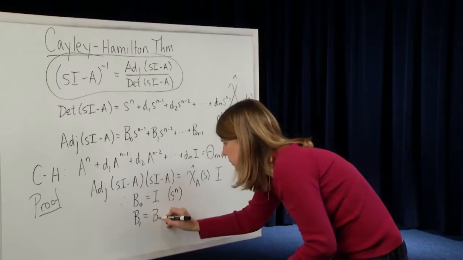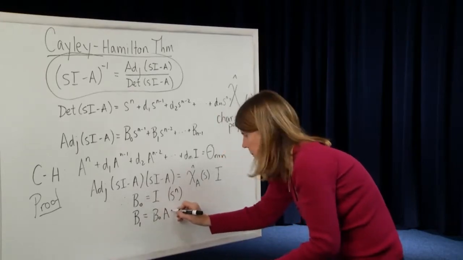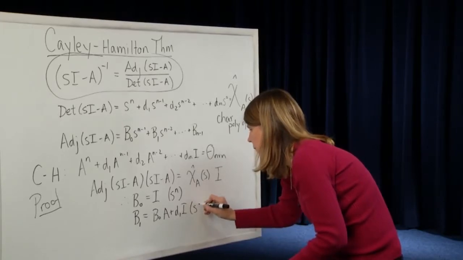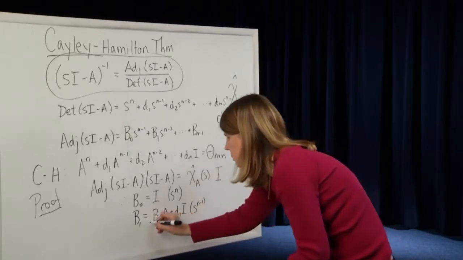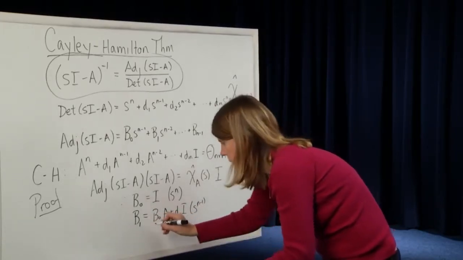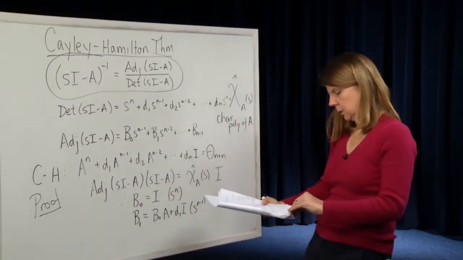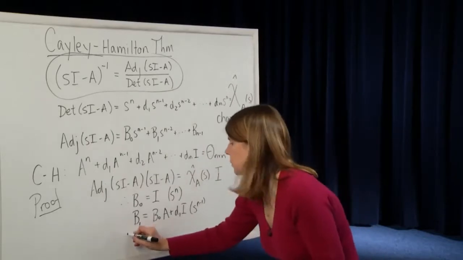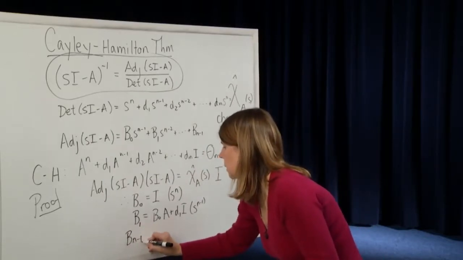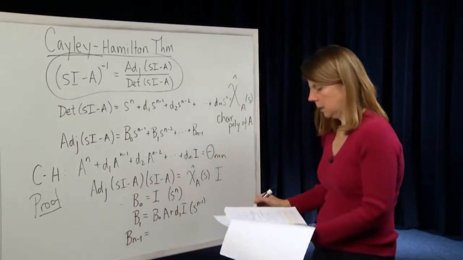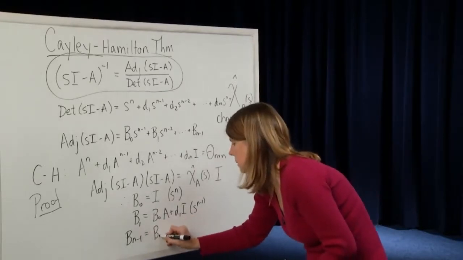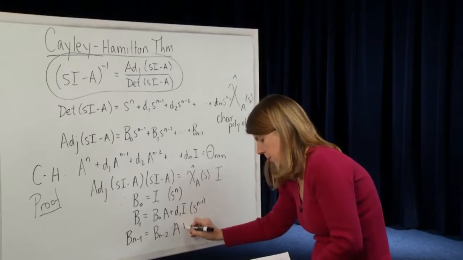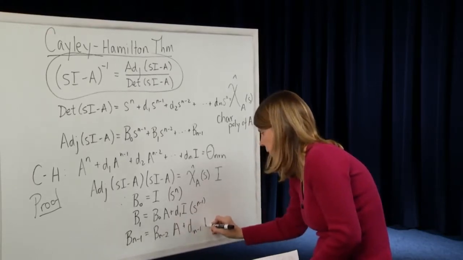So B1 is equal to B0 A plus d1 I. That's equating the coefficients of the s to the n minus 1 term, down to, we can go to the B2 term, but if we go down to the B_{n-1} term, B_{n-1} is equal to B_{n-2} A plus d_{n-1} I.